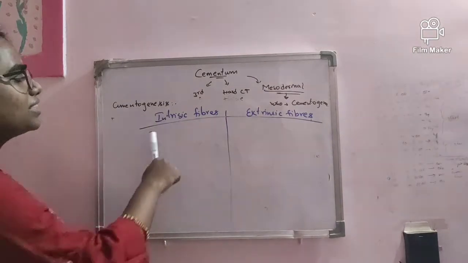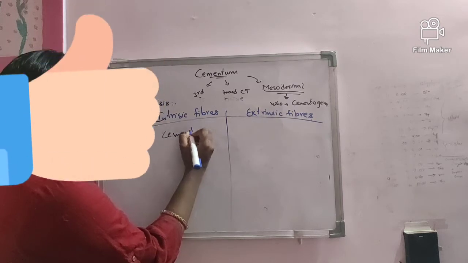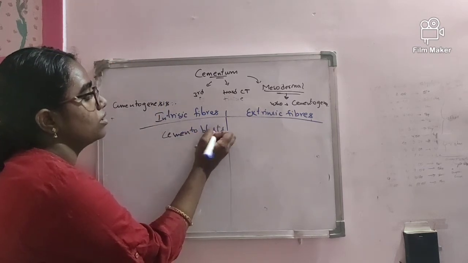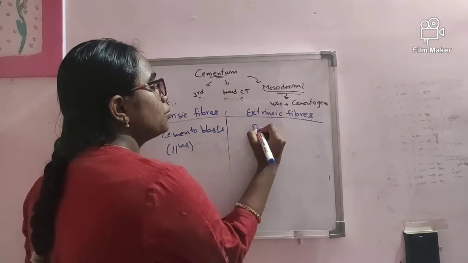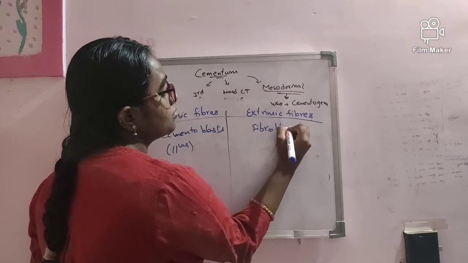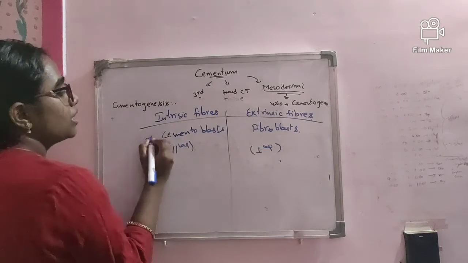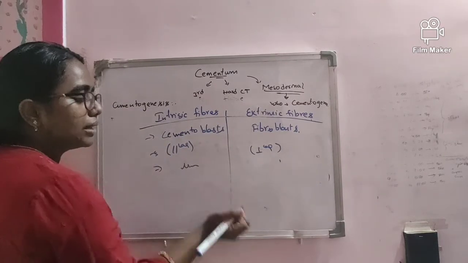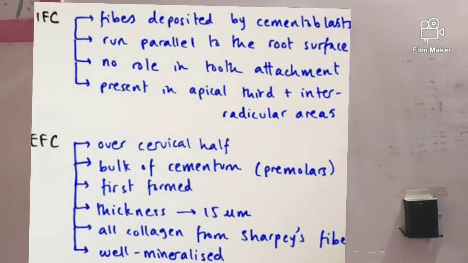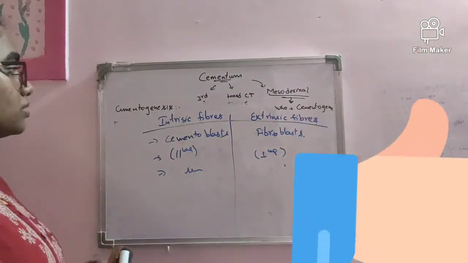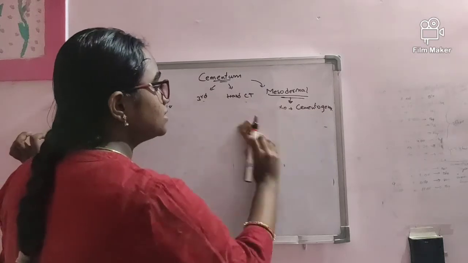The intrinsic fibers are the ones which form the cementum, formed by cementoblasts, and are parallel to the mantle dentine, and the extrinsic fibers are formed by the fibroblasts and are perpendicular to the mantle dentine. We have many differentiations in length, micrometers, like that. This is the differentiation between the intrinsic fibers and extrinsic fibers.